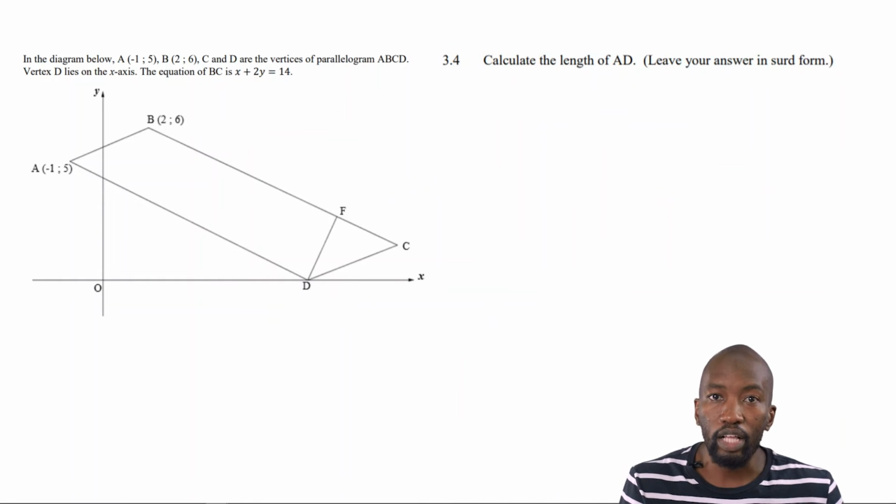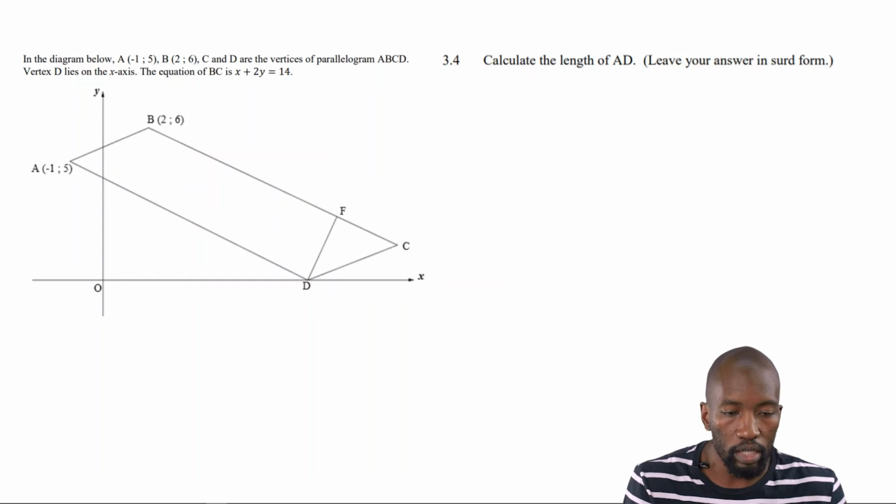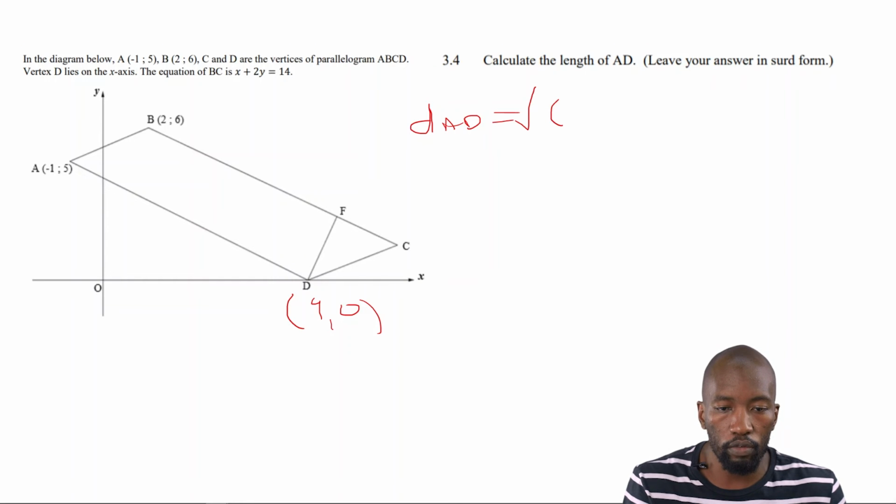Now they're saying calculate the length of AD, and leave your answer in surd form. So the length of AD, remember these were 9 and 0. The distance formula: AD is equal to the square root of x2 minus x1 squared plus y2 minus y1 squared.